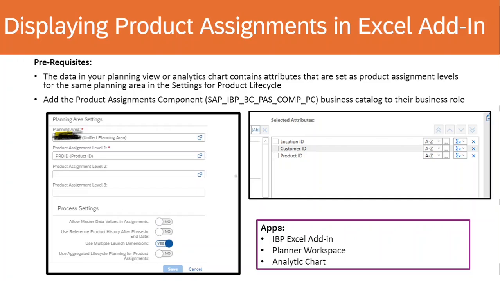So what are the prerequisites that need to be configured to view this information in Excel, the planners workspace, or analytics charts? The first thing is that in your product lifecycle settings, there is a product assignments level.